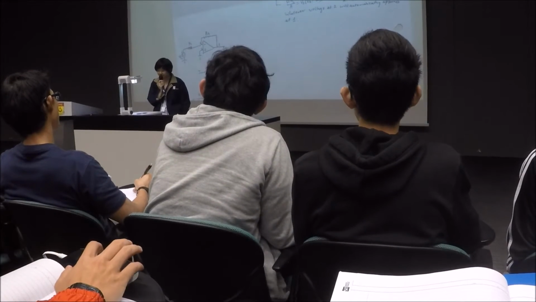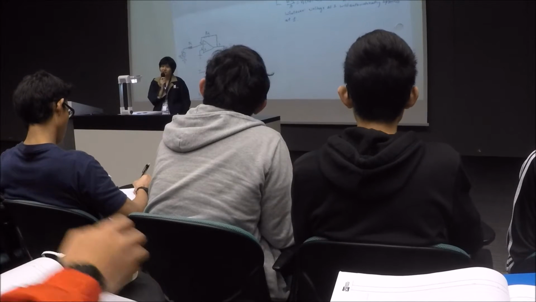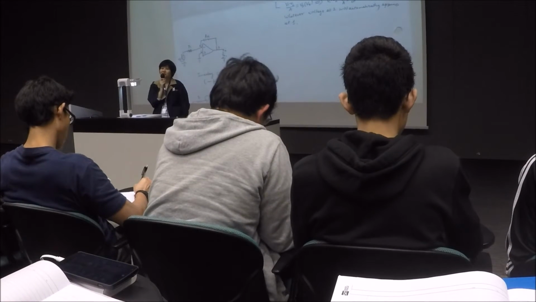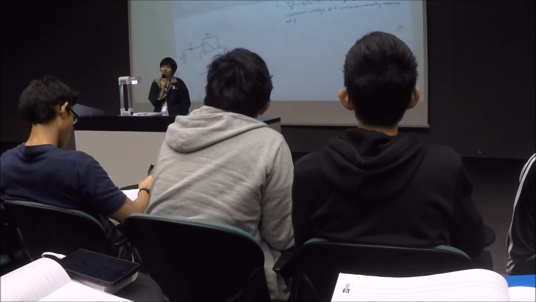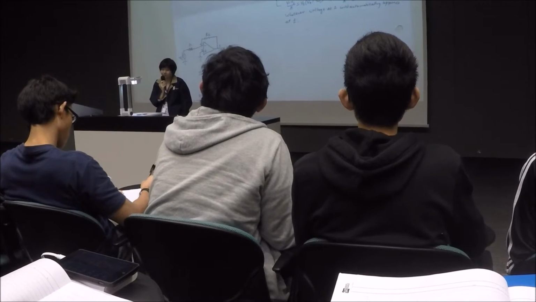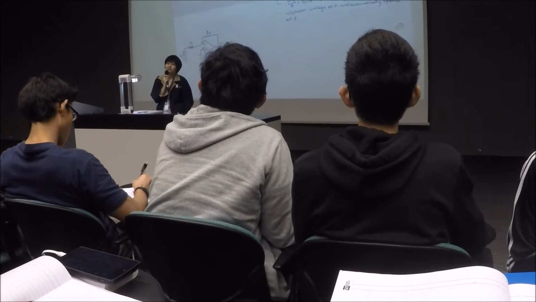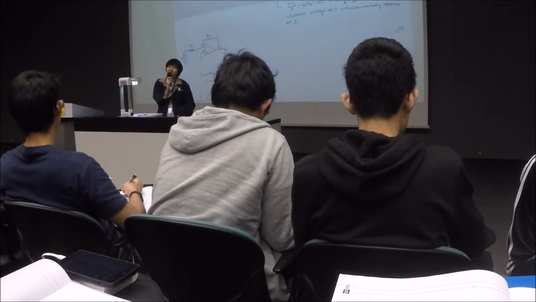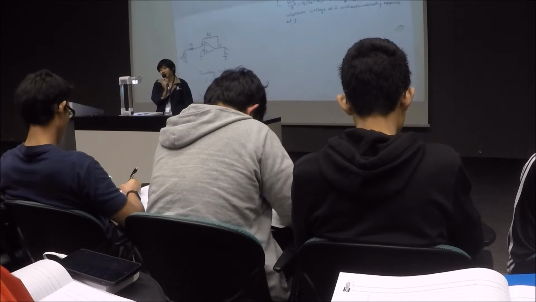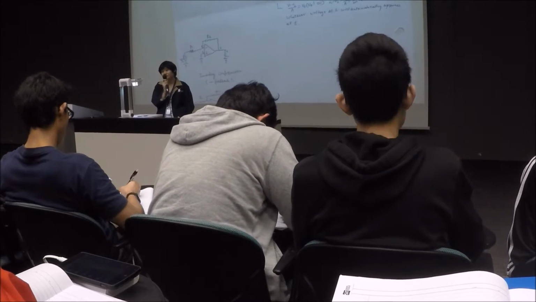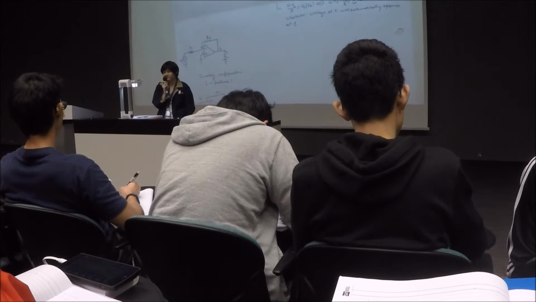In the meaning of the output actually is the amplified signal of the difference of both terminals. So the output can be written as gain times the difference of V2 and V1, and the difference of V2 and V1 is V2 minus V1.